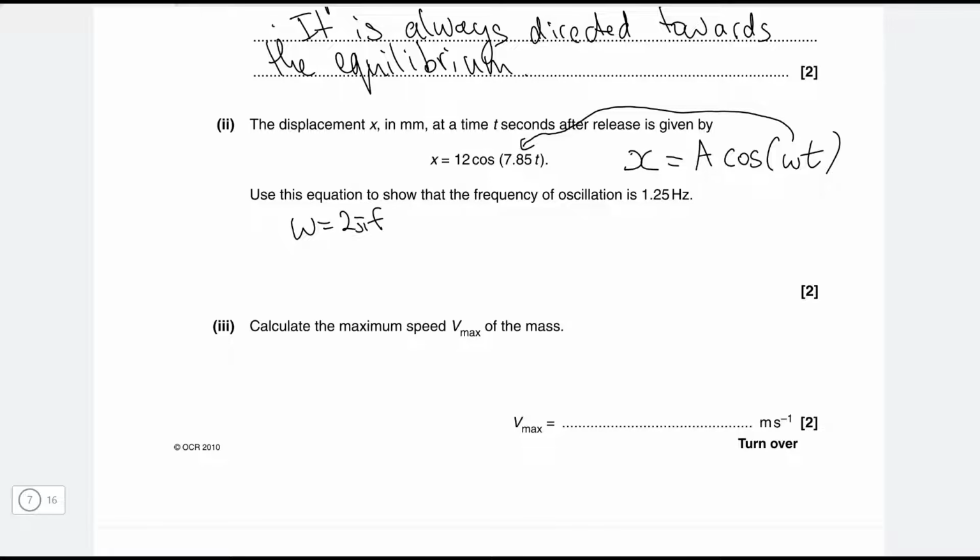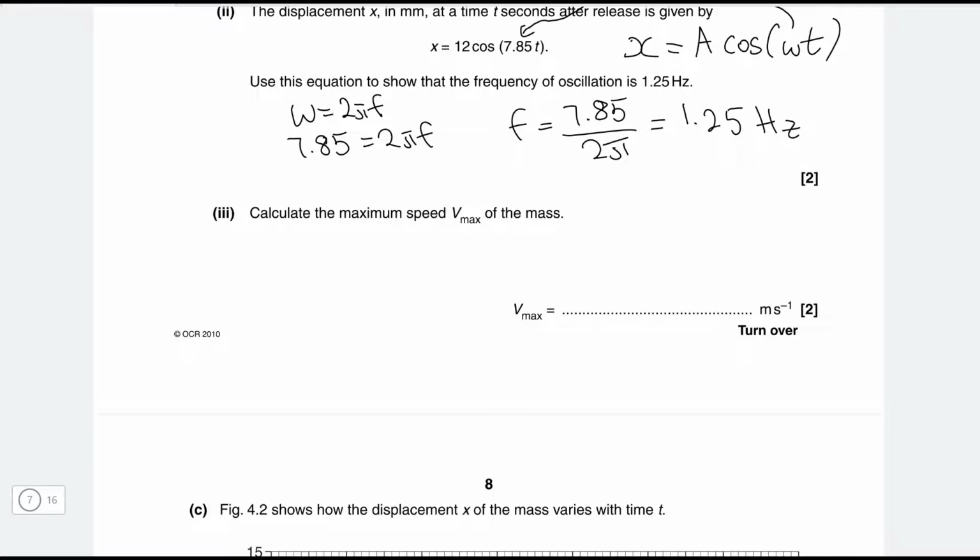So this means that 7.85 will be equal to 2 pi f, meaning that our frequency will be 7.85 over 2 pi, which is just about 1.25 Hertz.